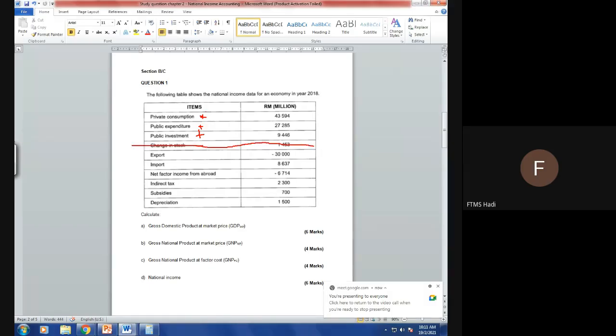Ignore this negative sign: export plus import minus net factor income from abroad is negative, so just add the negative. Indirect tax add, minus subsidies, minus depreciation, so you get those answers. Changes in stock you don't have to do.